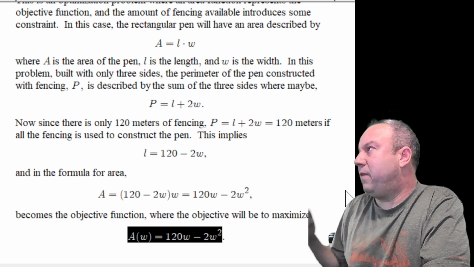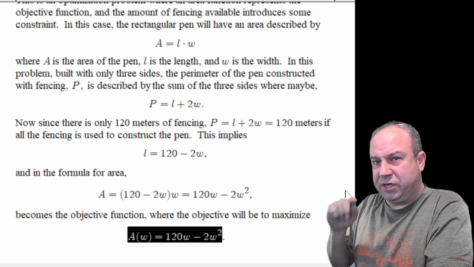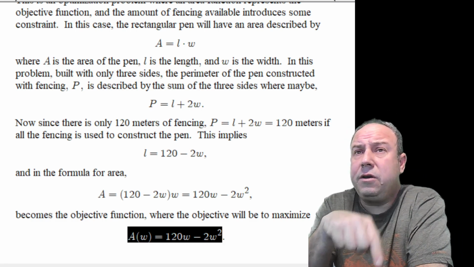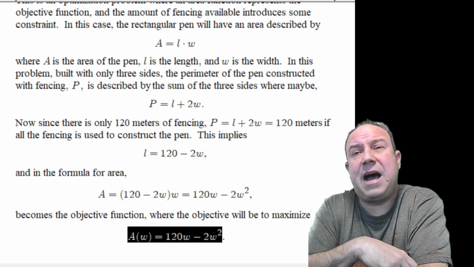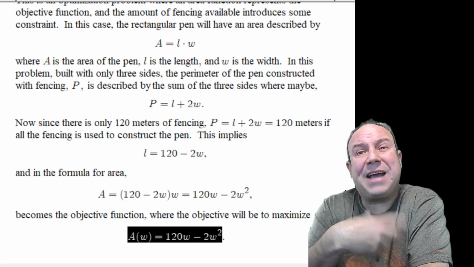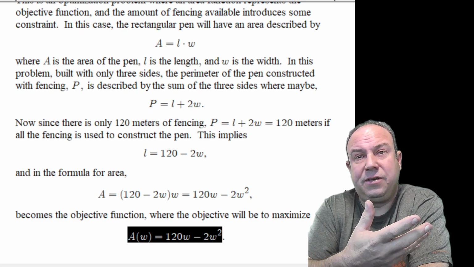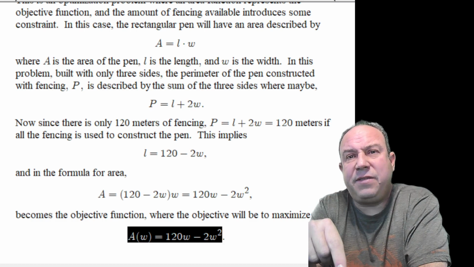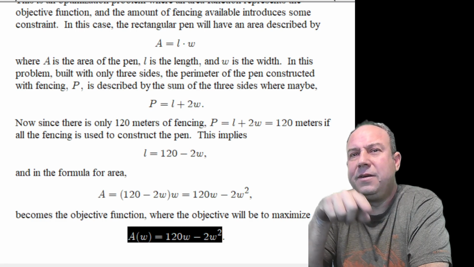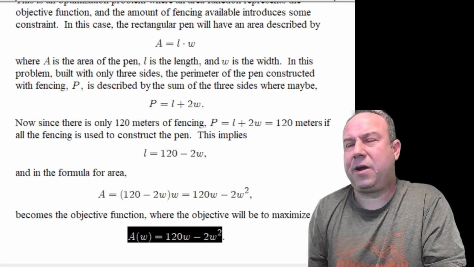Now that we have our area expressed as a function of just the one variable W, we can look for the width that is going to optimize that function, that's going to maximize that function. And where we might find that width is at a critical point for this function, right?